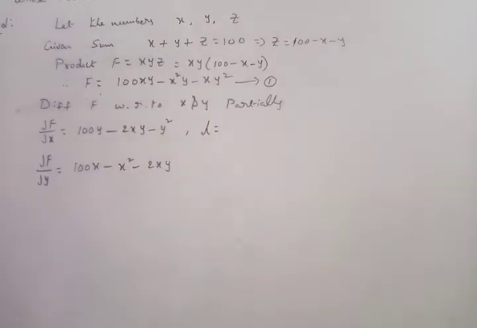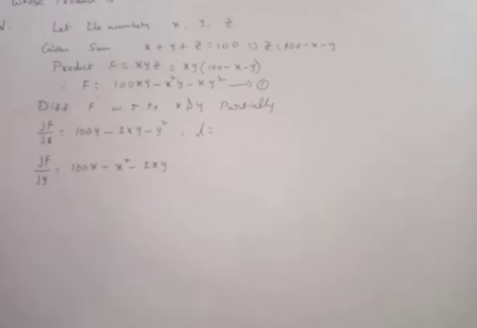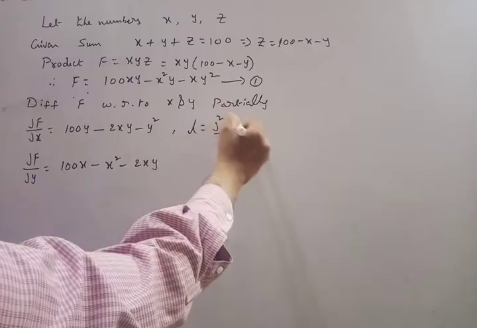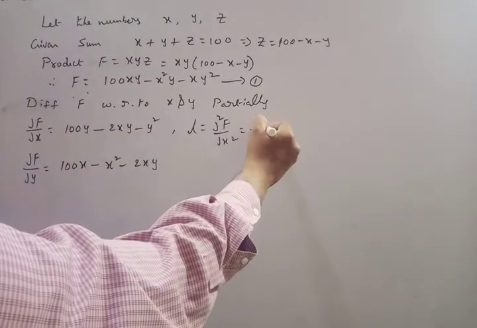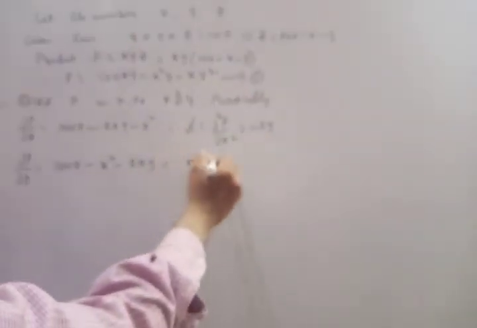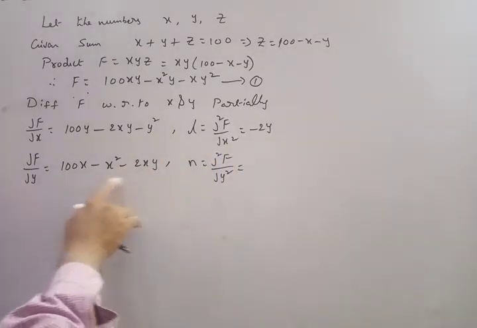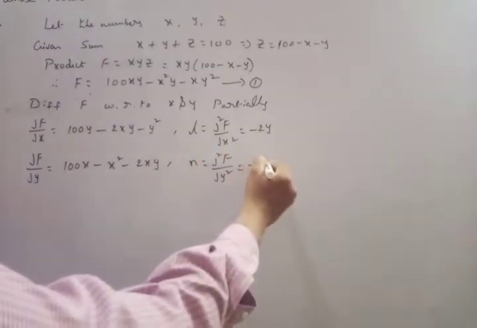Now calculate the L value. L is dou square f by dou x square. Again differentiate with respect to x: no x here, 0, x is 1, I get minus 2y, no x here, 0. Next n is dou square f by dou y square. Differentiate with respect to y: no y here, 0, y is 1, you get minus 2x.